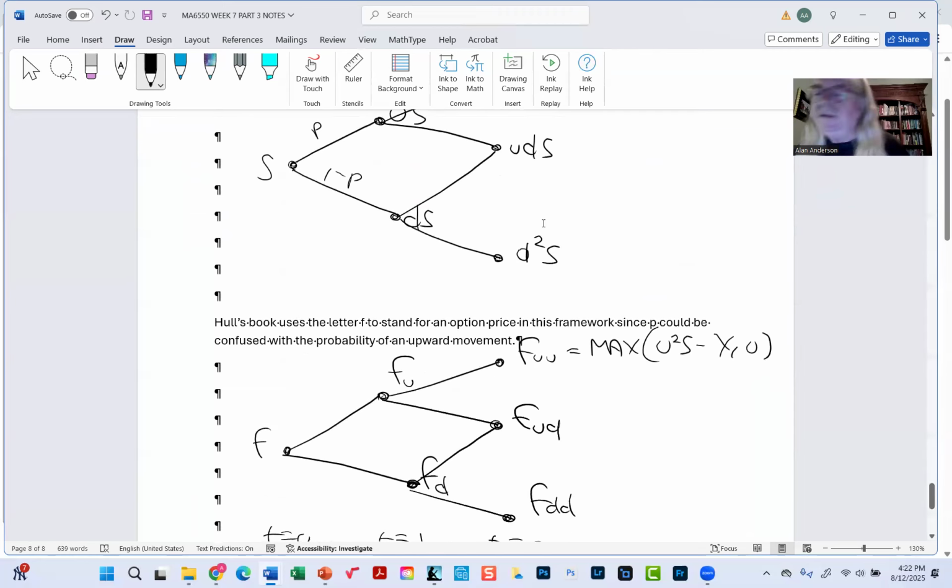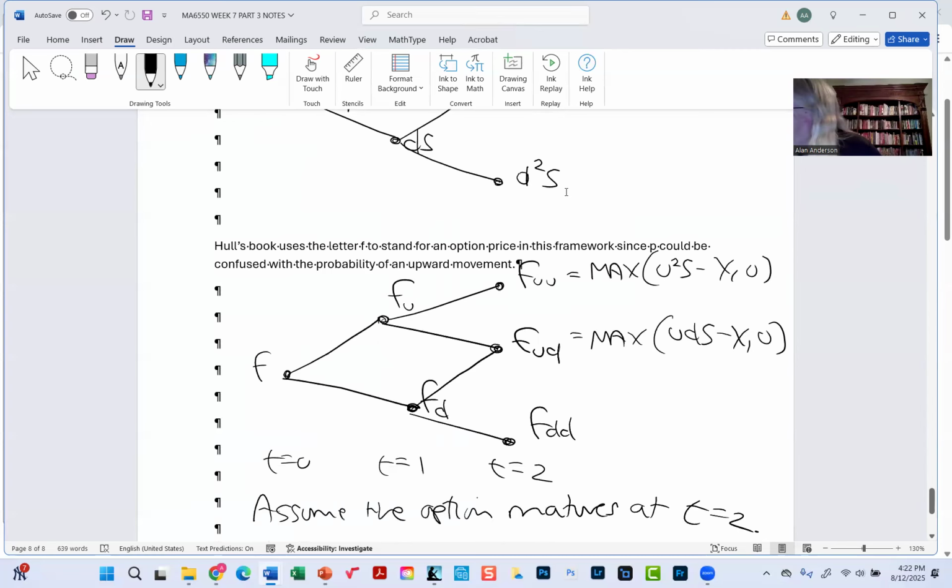And then for F_UD, we don't know yet. I mean, we will when we're doing this for real, but right now we don't know what the values are on the stock tree. And so we'll write it with this. So the first step is fill out the payoffs at the maturity date.